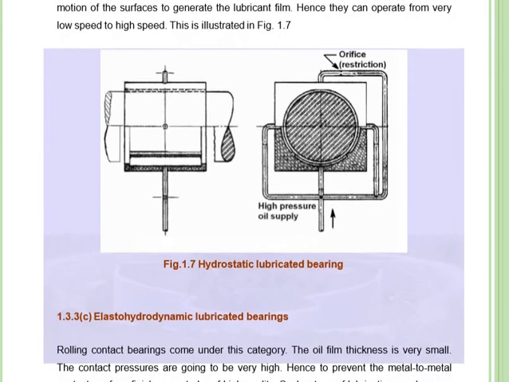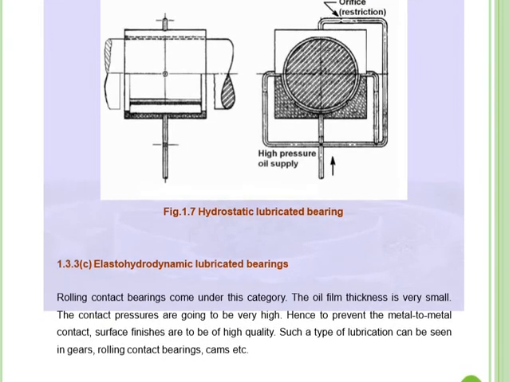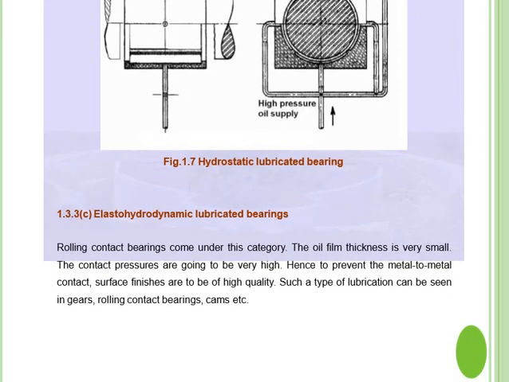Now we can see elasto-hydrodynamic lubrication. Rolling contact bearings, generally, are in this category. The oil film thickness is very small, and only then is the shaft going to rotate in the bearing.